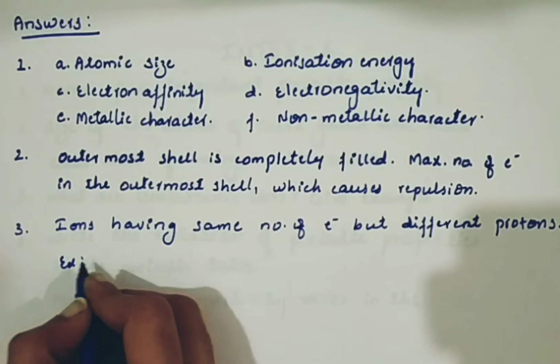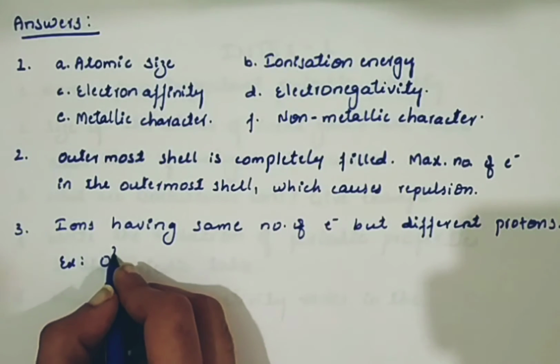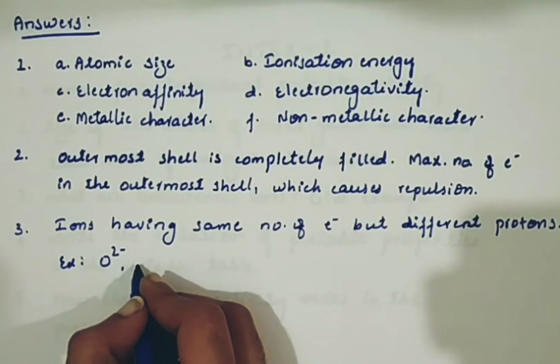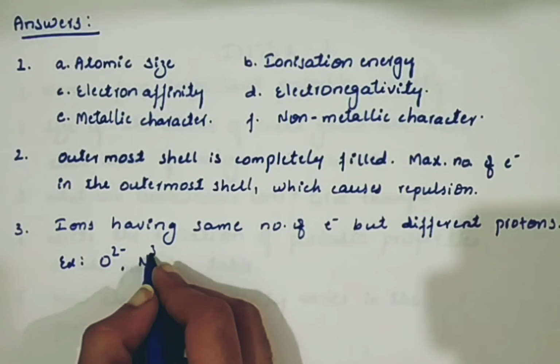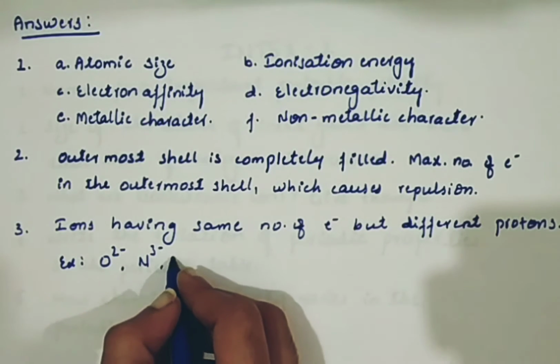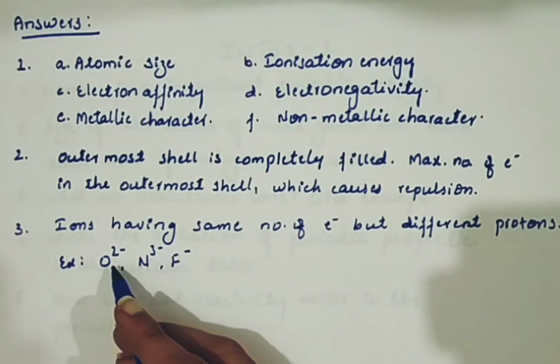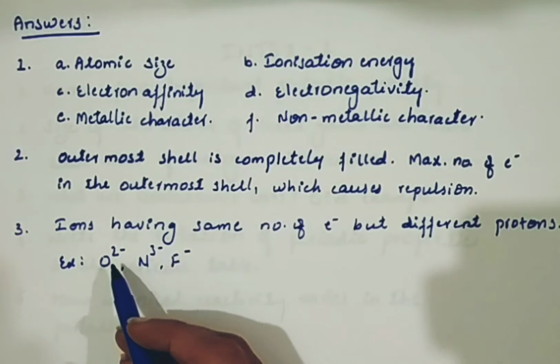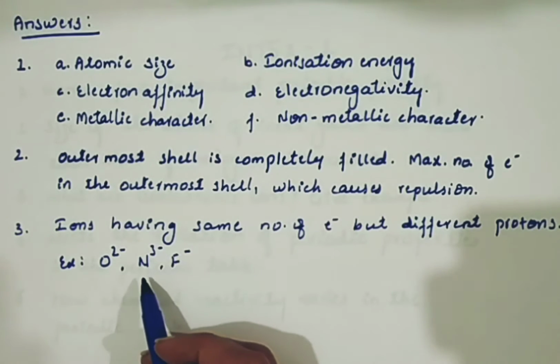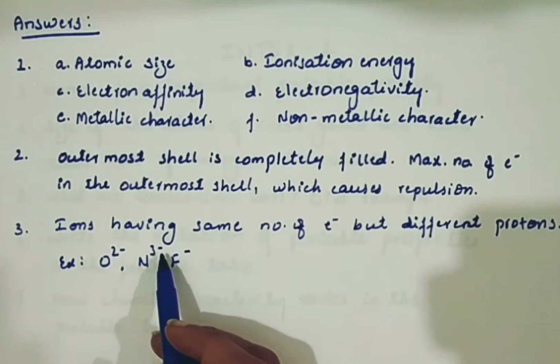In the first ion, O2 minus, it has gained 2 electrons and its atomic number is 8, so 8 plus 2, it contains 10 electrons. Second one is N3 minus, nitrogen atomic number 7, so 7 plus 3, 10.